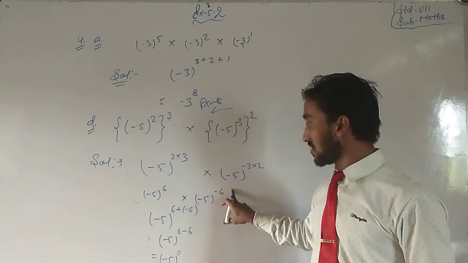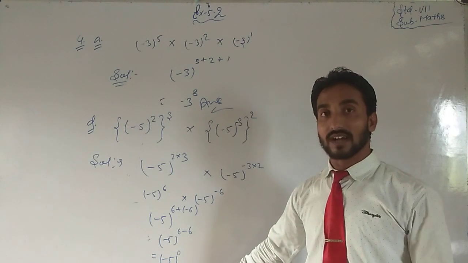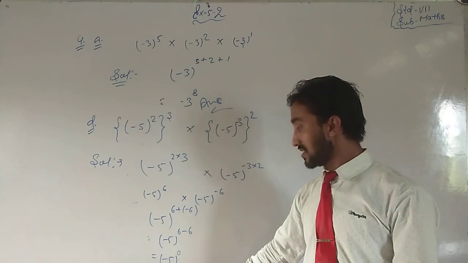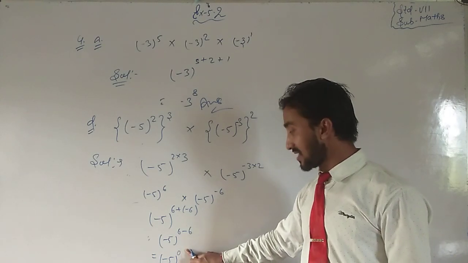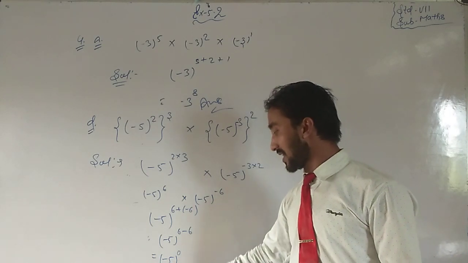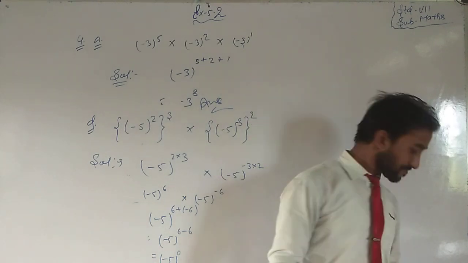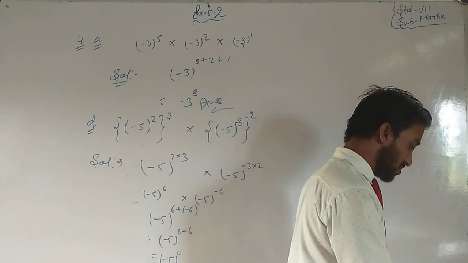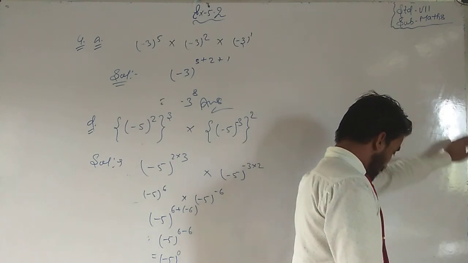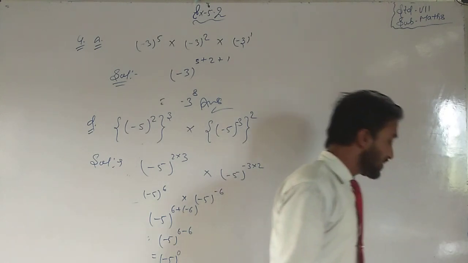When the base is equal, simply we can add the powers. 6 minus 6 will be cancelled, 0 remains, and where the power is 0, that value will be 1. So students, I think you have understood this question. So B and C, it's your turn to do.